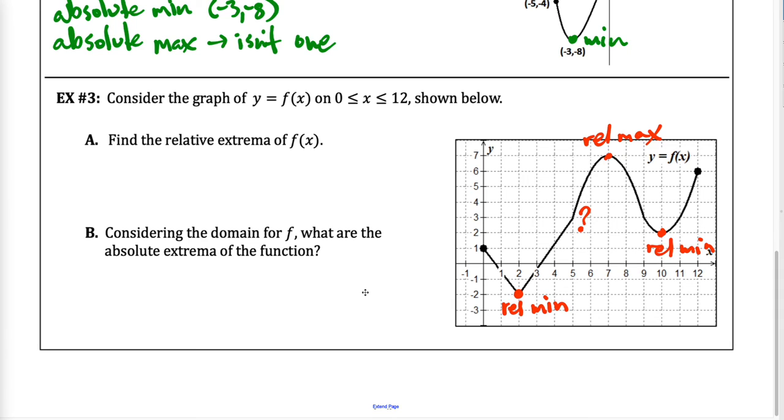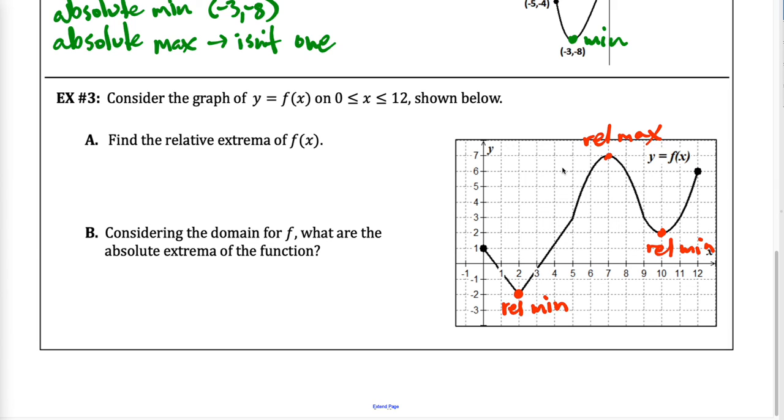A relative min would be when it changes from decreasing to increasing. A relative max is when it changes from increasing to decreasing. And if you look at this kind of strange location, which is made from like a piecewise function or something, it's increasing to increasing, and so it would just be nothing. You're definitely going to have spots that look odd, but it doesn't have to be labeled anything at all.